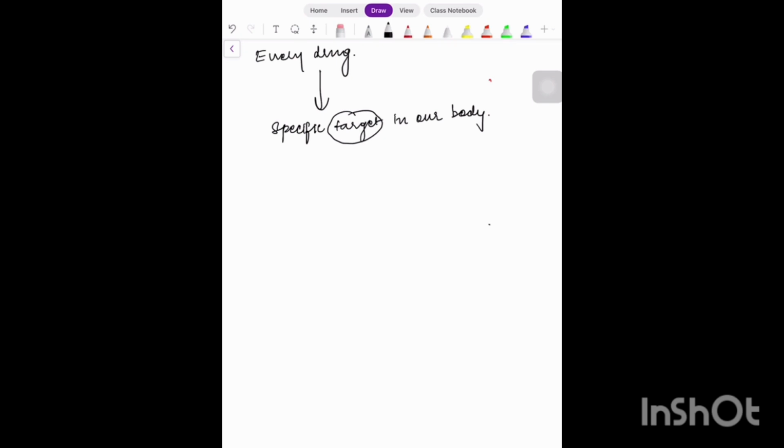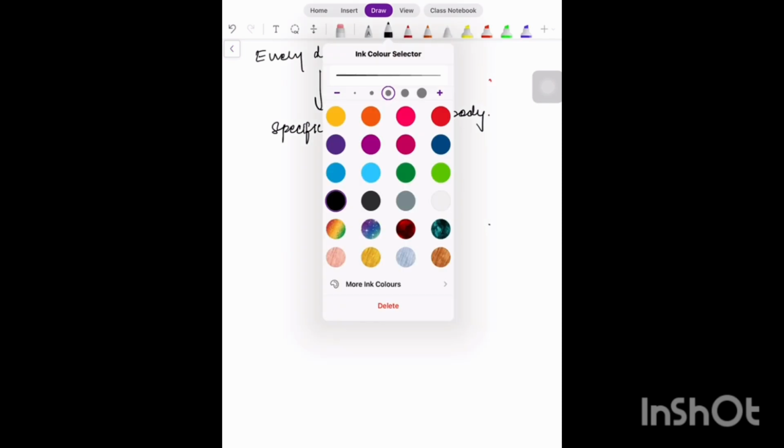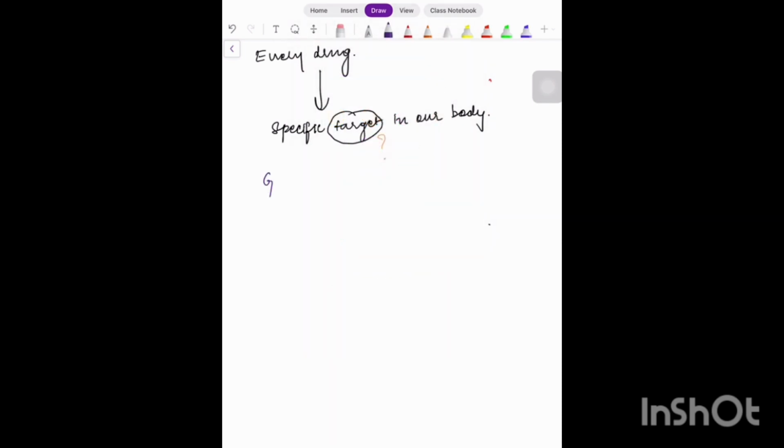A target is generally a single molecule. It can be a gene or a protein which is involved in a particular disease.